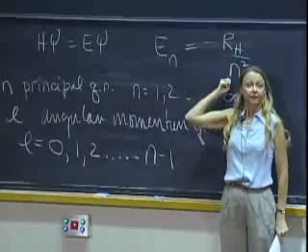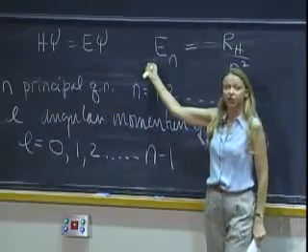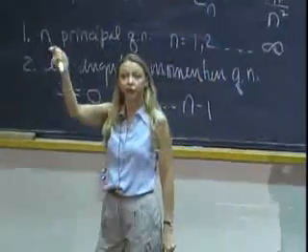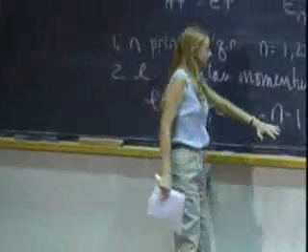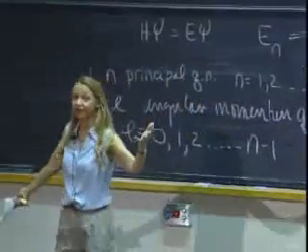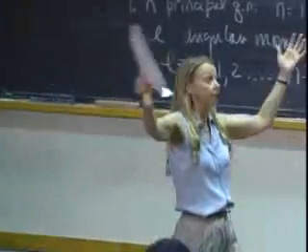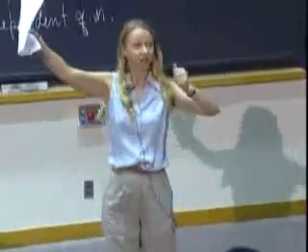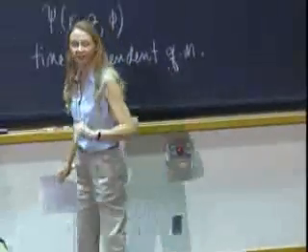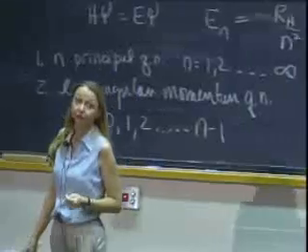And remember that this energy here is dependent only on n. This energy is the sum of kinetic energy plus potential energy. So if L had the same value as n, essentially that would mean we'd have only rotational kinetic energy and no potential energy. But that's not right. We've got a potential energy of interaction. So physically, that's why L is tied to n, and it can't be larger than n minus 1.